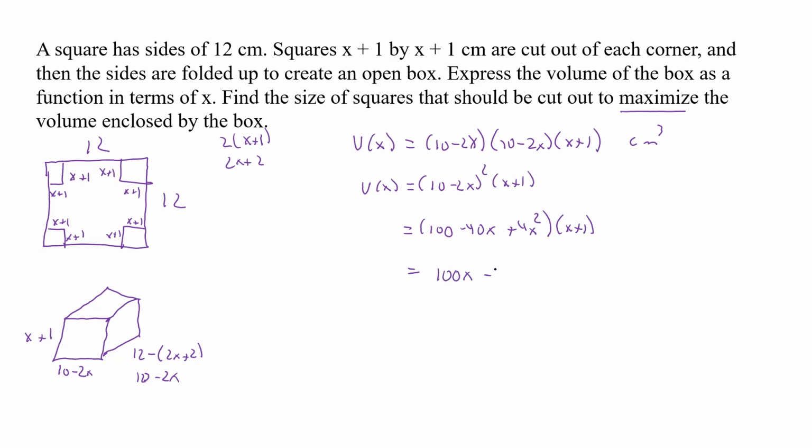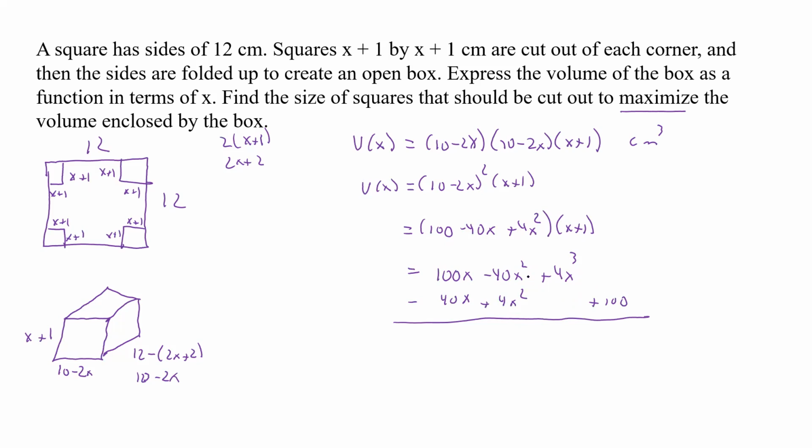Next, x times that is minus 40x squared plus 4x cubed. Then we have plus 1 times that, so we'll have plus 100, and then 1 times that is minus 40x, and then plus 4x squared.